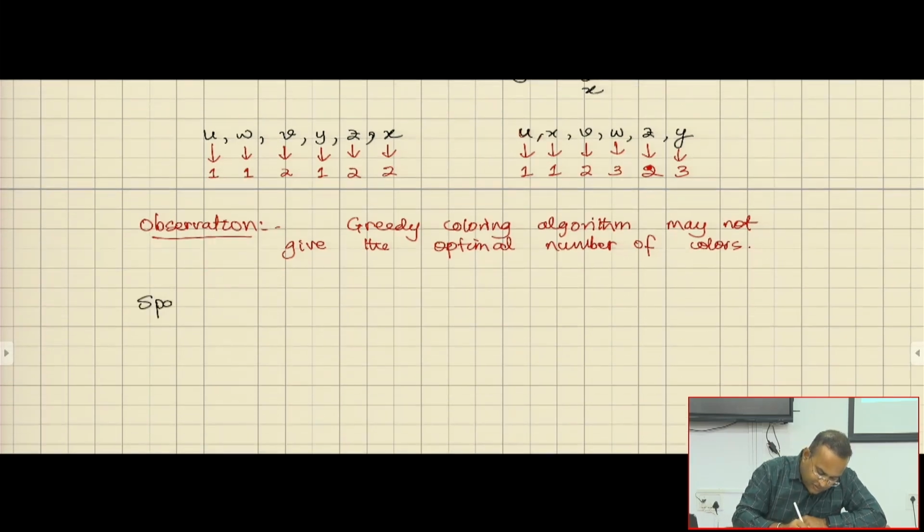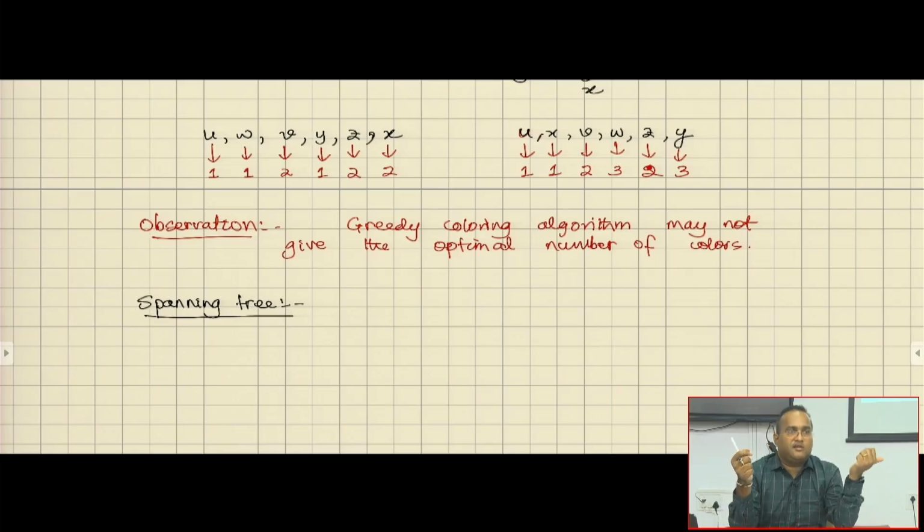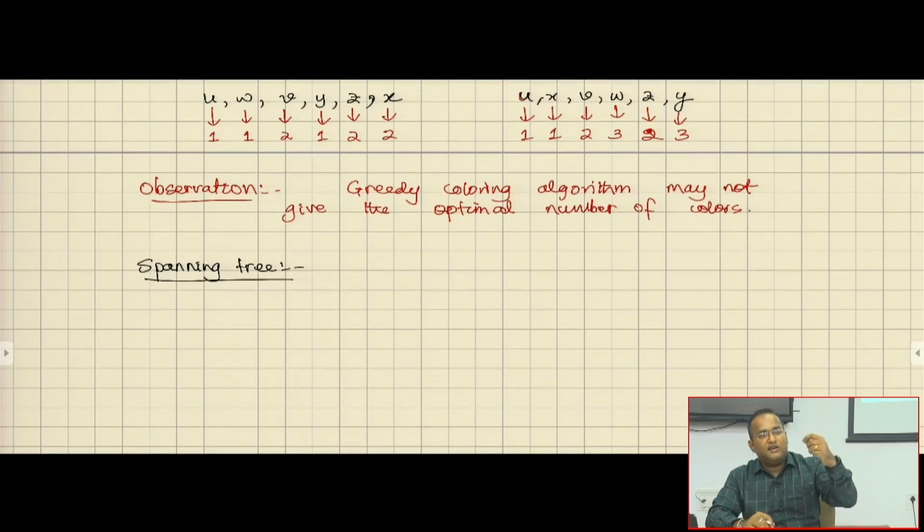Spanning trees, you know what spanning trees are, right? It is basically a subgraph of the graph having the same vertex set as the original graph, and it is a tree. So, spanning tree, right? And how do we get a spanning tree of a graph?